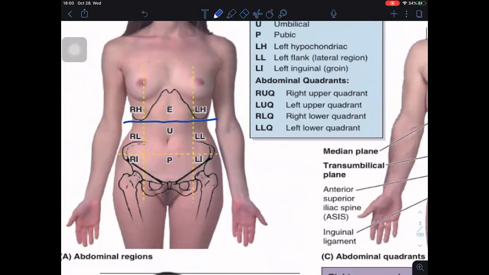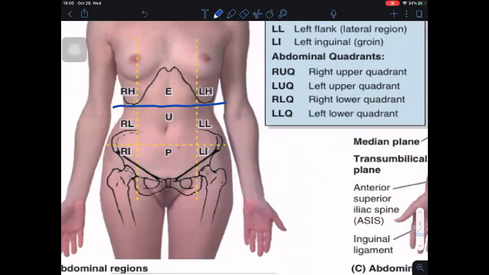And then more inferiorly, you can use a plane called the transtubercular plane. It means that it's transecting the tubercles of the iliac crest. Basically, you take the anterior superior iliac spine and run a few centimeters, like 3, 4, or 5 centimeters, posteriorly. Then you're going to reach the tubercle of the iliac crest.